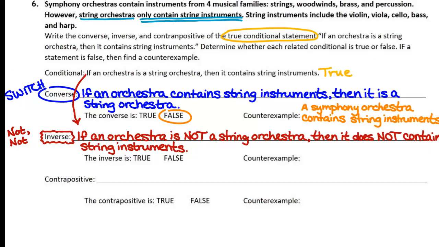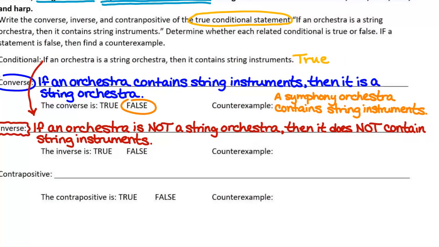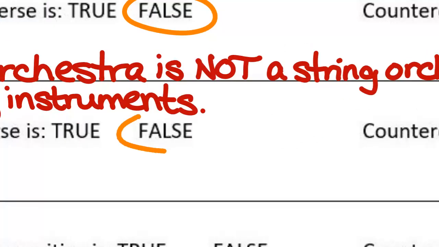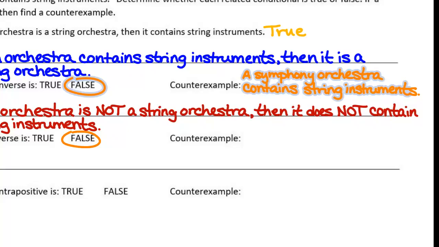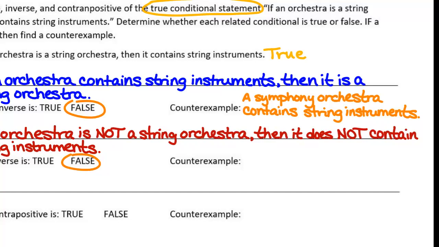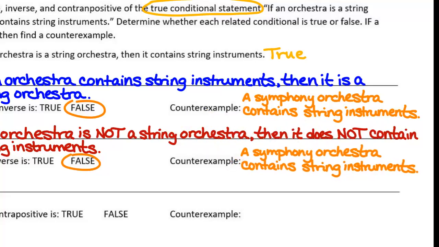If it's not a string orchestra, does that mean that it cannot contain string instruments? That is false. Why? Yep. A symphony orchestra also contains string instruments. So I can use the exact same counterexample here.